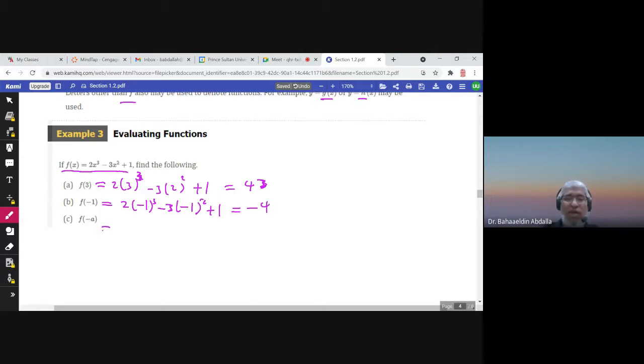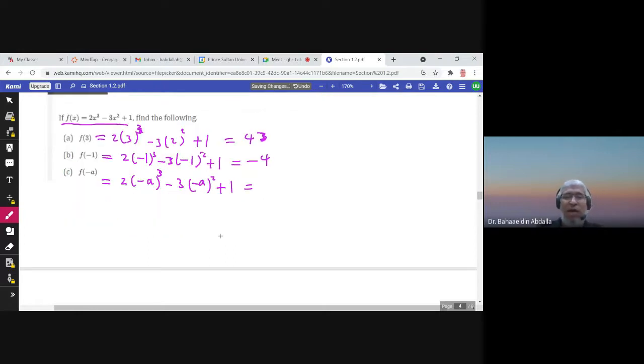f of -a would be 2 times (-a) to the power 3 minus 3 times (-a) to the power 2 plus 1. Notice that I always put parentheses because I have -a.